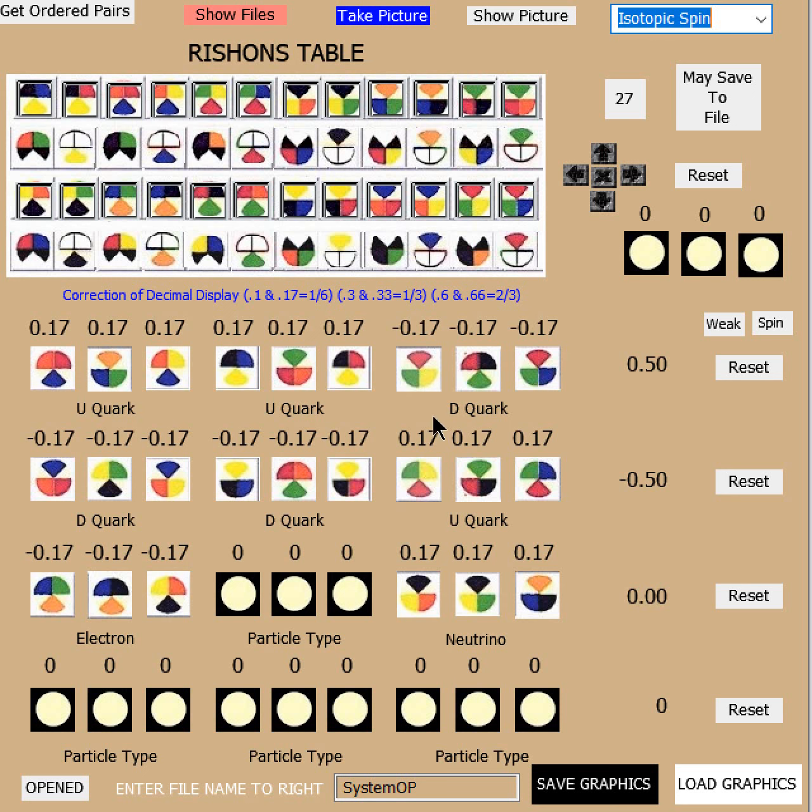And then if we look at the D quark, we have isotopic spins of -1/6, -1/6, and -1/6, which gives us a -1/2 for the isotopic spin for that doublet, the U and D doublet. Down here, the doublet for the leptons, the electron and the neutrino, we have a -1/2 on the generic electron, and on the generic neutrino, we have a +1/2.